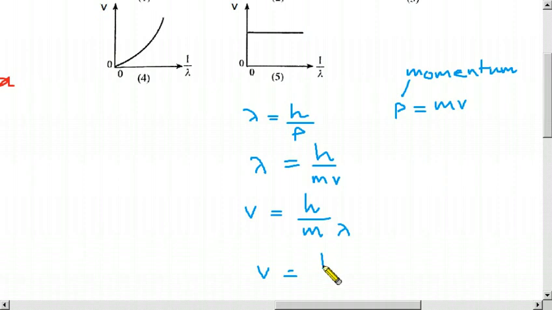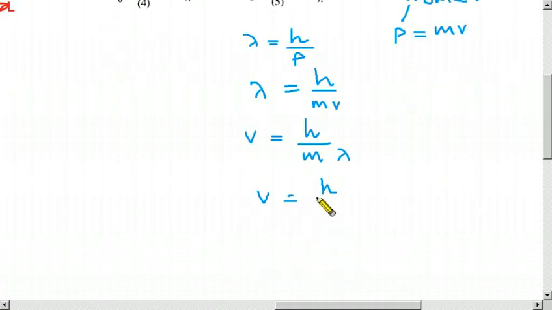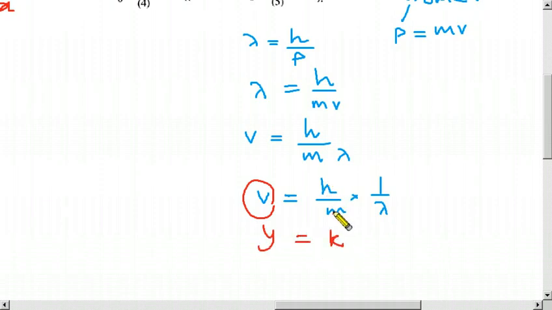So we have to make a little change. Instead of division we multiply by 1 over lambda, which is the same. So now this one is y equals k times, where h and m are constants, 1 over lambda.